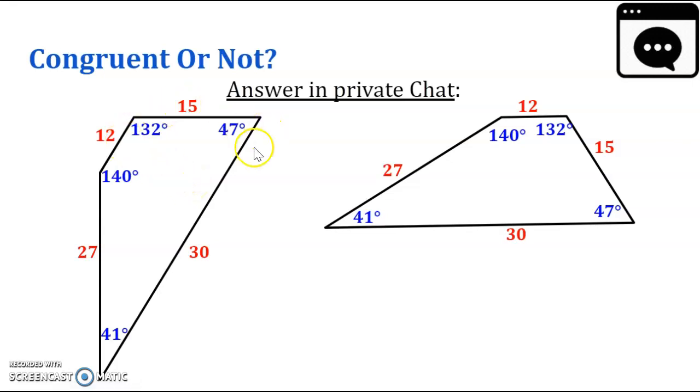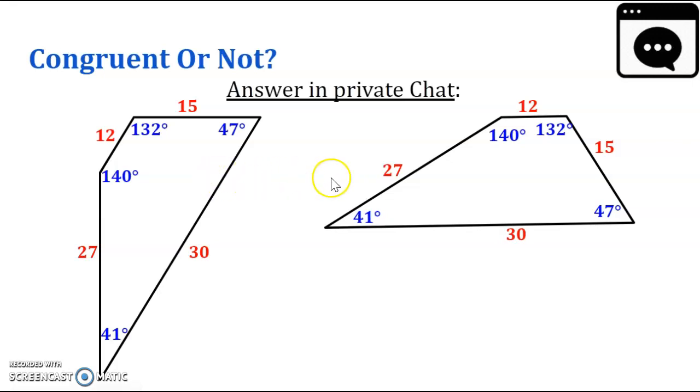I have 12, 15, 30, and 27. They do match. Okay, what are the angles? Between 12 and 15 is 132, and then 47, and then 41, and 140. Okay, so all the side lengths and angles match, so we say that they are congruent.